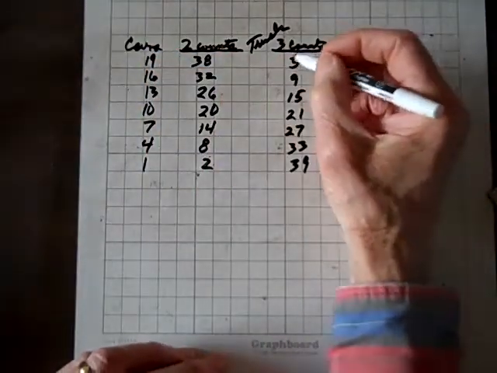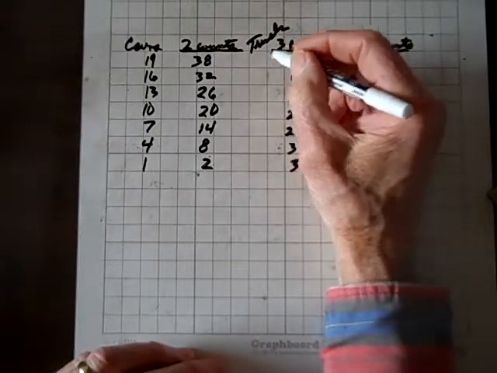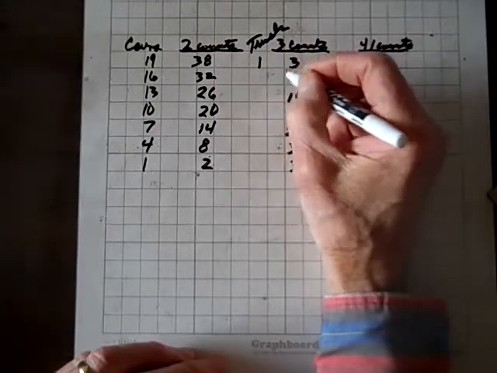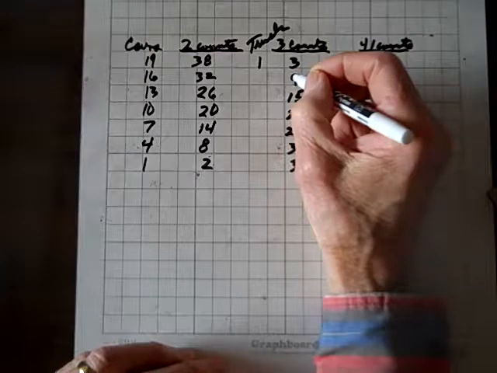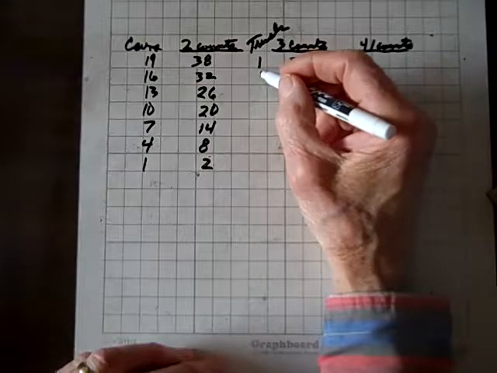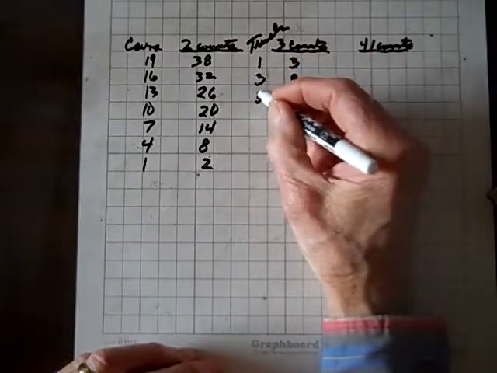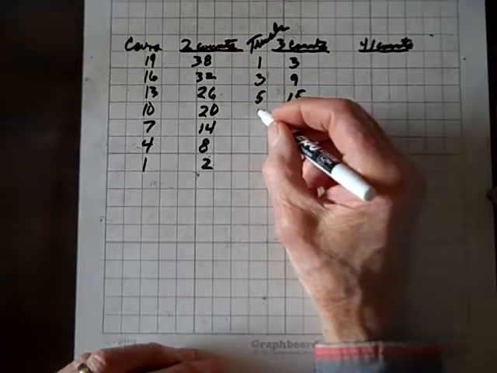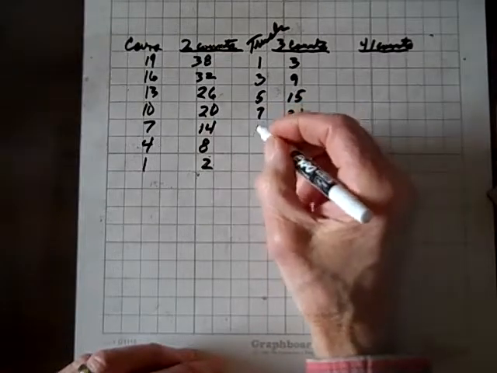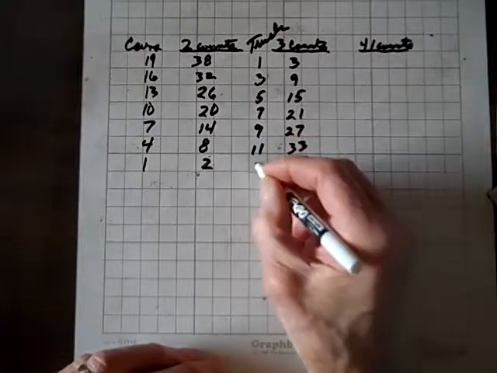Let's look for a pattern here. 3 and 6 is 9, so we've got one truck, and then 3 times 3, 3 times 5, oh I see, we're going up 2, aren't we? 5, 7, we knew that to begin with, 9, 11, and 13.